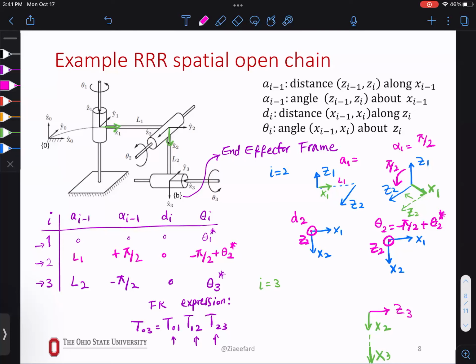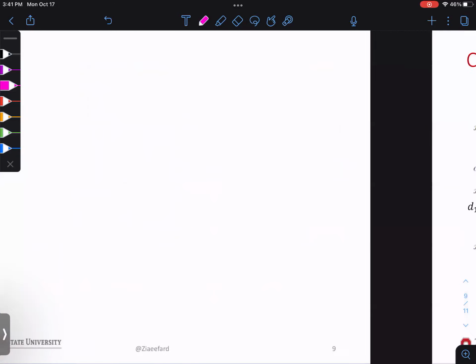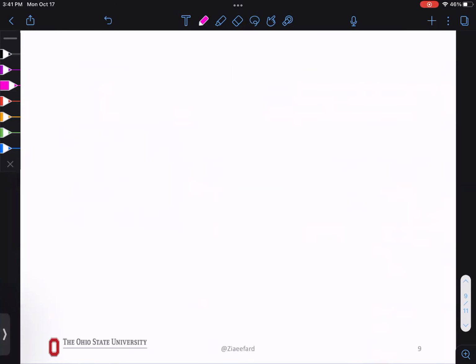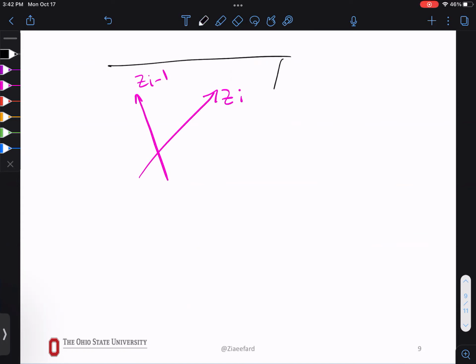I want to talk about one special case when Zi minus 1 and Zi coincide. So let's say this is your Zi minus 1 and this is your Zi, and they are in the same plane.